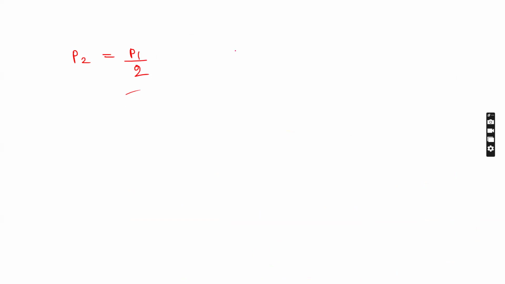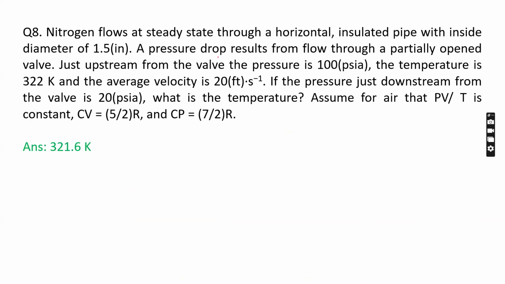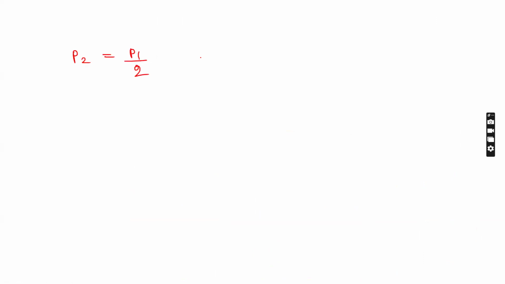So when the pressure of the system is suddenly reduced, what pressure do we have now? It is P2 only, and this is equal to 7 bar. 14 bar it was there, now 7 into 10 power 5 Pascal. So using this pressure only, we have work here.